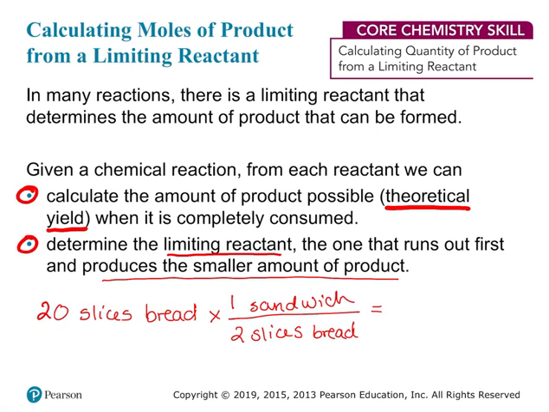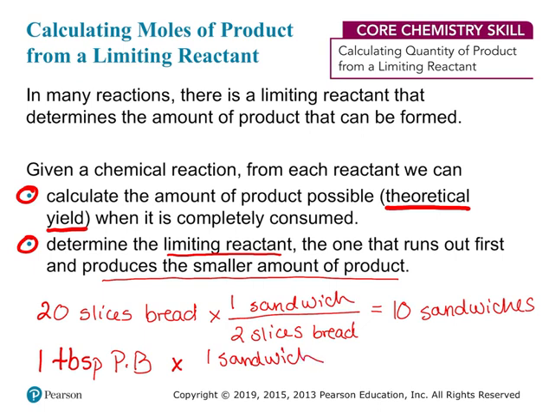We could make 10 sandwiches. Okay, now in that same example, I think we only had 1 tablespoon of peanut butter. And in our quote unquote chemical reaction, for every 1 sandwich, we need 1 tablespoon of peanut butter. Okay, so that means we can only make 1 sandwich with that amount of peanut butter.